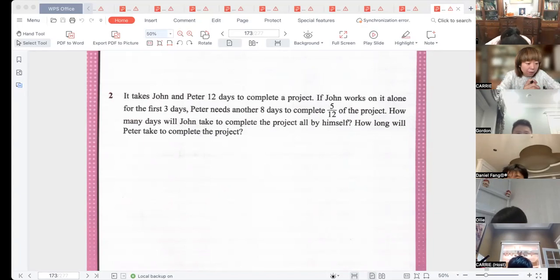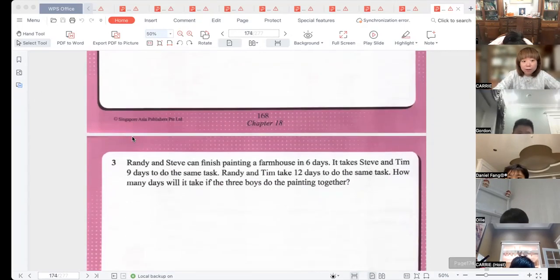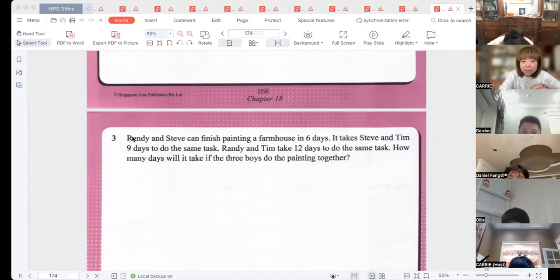Okay, so now we're going to take a look at another one, because I'm only doing some questions. Some people ask me because they don't know how to do it, right? So let's take a look at this one. Randy and Steve have finished painting a warehouse in 6 days.